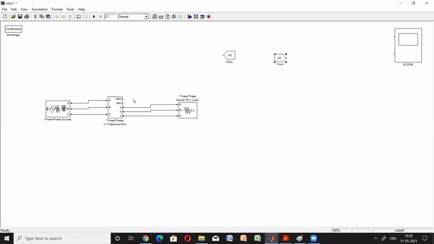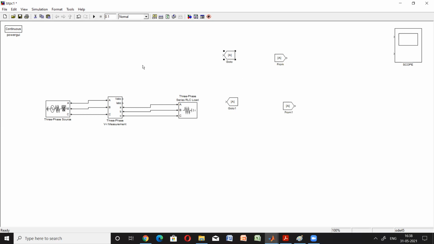Suppose we have two parameters here, VABC and IABC, for which we want to make a routing operation. So we need two Goto blocks. Let me copy this Goto and paste it, and again copy the From block and paste it accordingly.